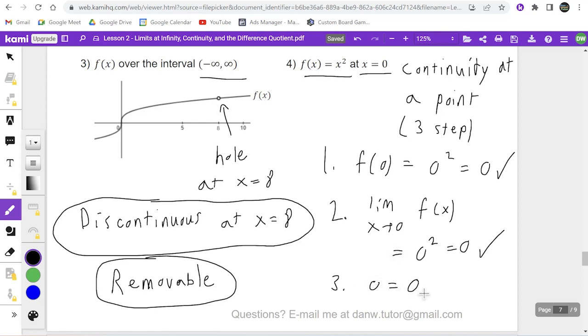Does 0 equal 0? And the answer is obviously yes, which means, yes, the function is continuous at x equals 0. And there's our answer to the question. So we do have to do all 3 steps. By the way, let's say step 2 failed, you don't have to do step 3. Instantly you say not continuous. You're done. Any questions on that one?